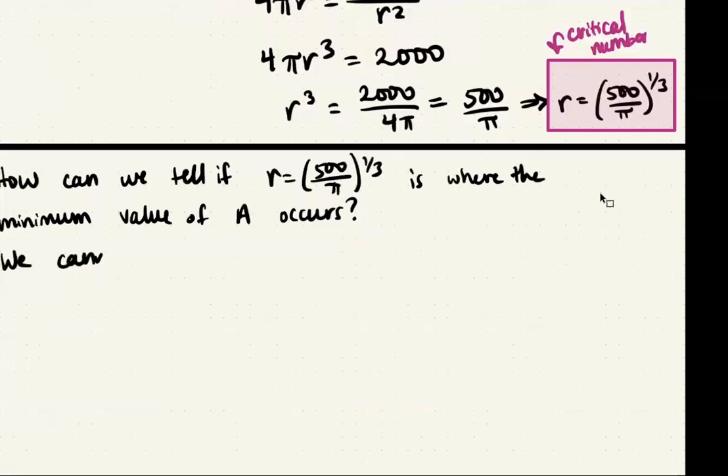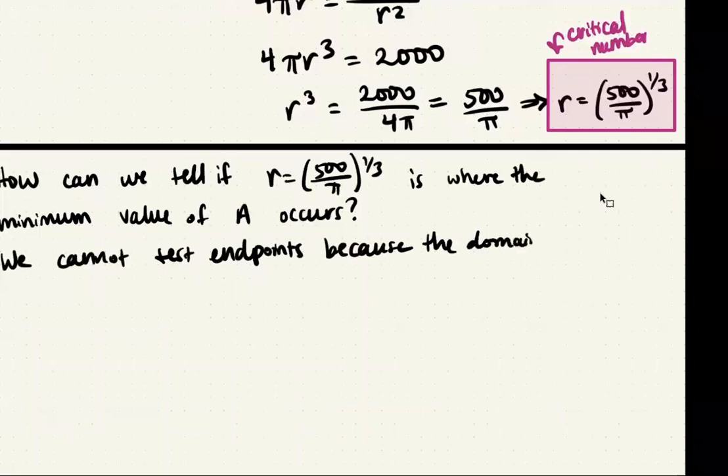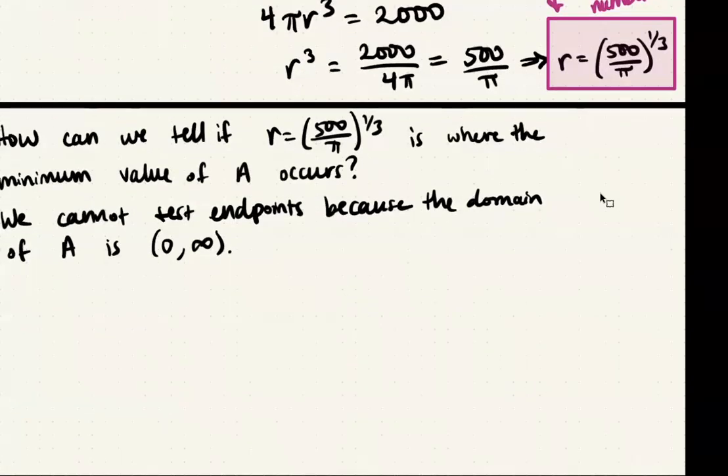We cannot test endpoints because the domain of A is 0 to infinity. So there's nothing for us to test. There wasn't a closed interval like some other problems we've seen.